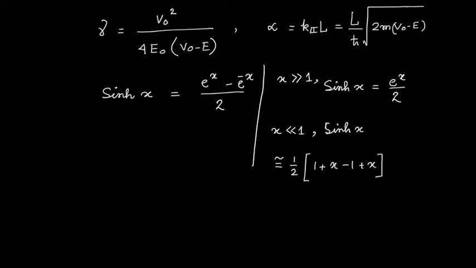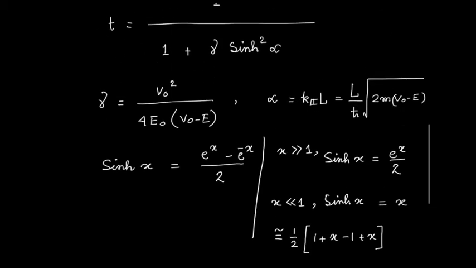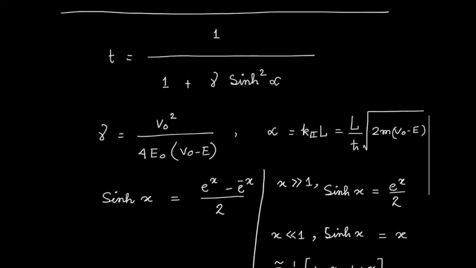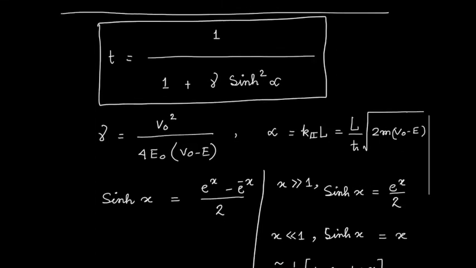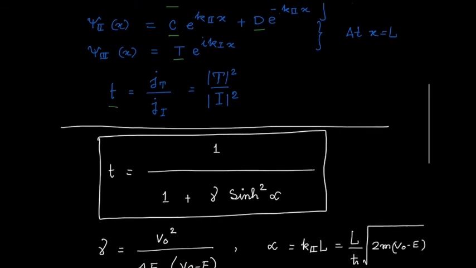If x is small, I don't need to keep the terms further. So this is just equal to x. Remember, the square of that sits here. So this is the probability of tunneling, a tunneling coefficient. What is it telling you? It is telling you, given this much of incident, how much will be tunneled. So it is essentially the probability of tunneling.